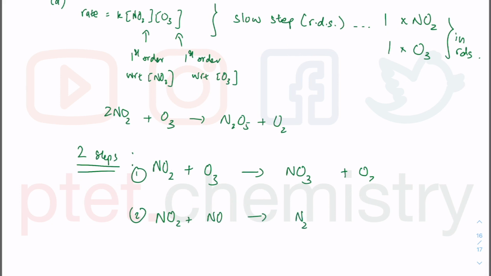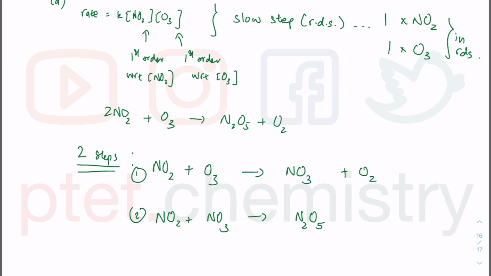So another NO2 will react with this NO3, which comes from these and these. That will give you N2O5. When you look at the equations, 2 of these plus 1 of these, and these will cancel out because they are intermediates in this reaction, and they give you 1 of these and 1 of that.